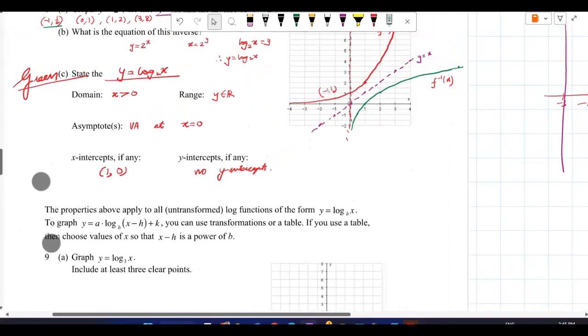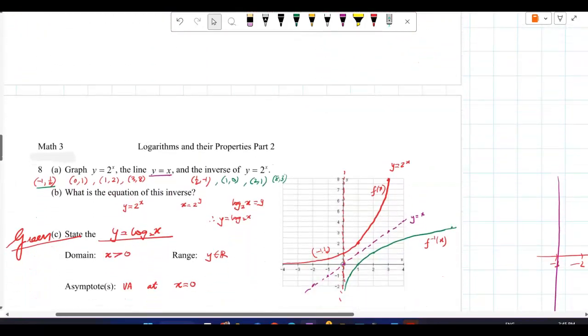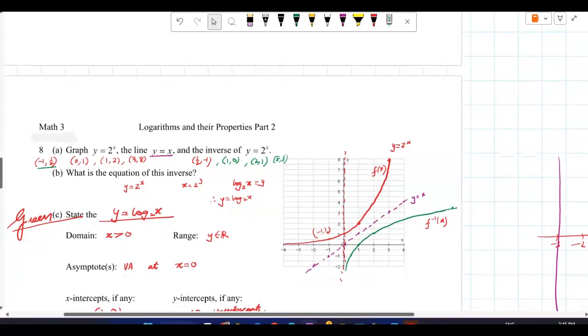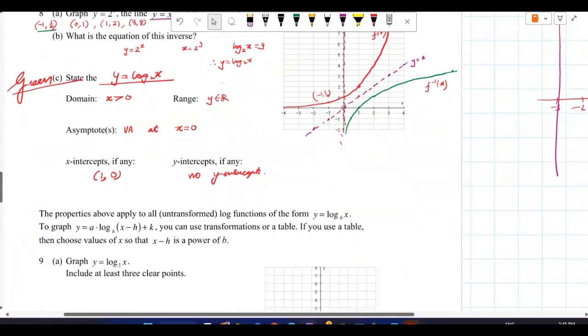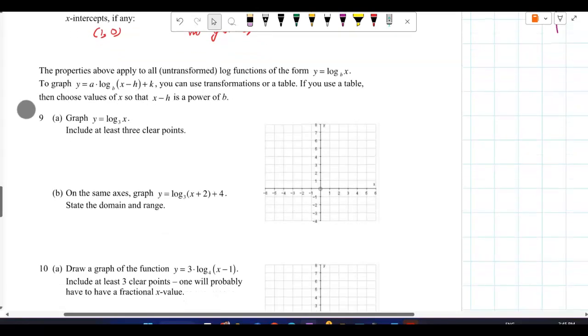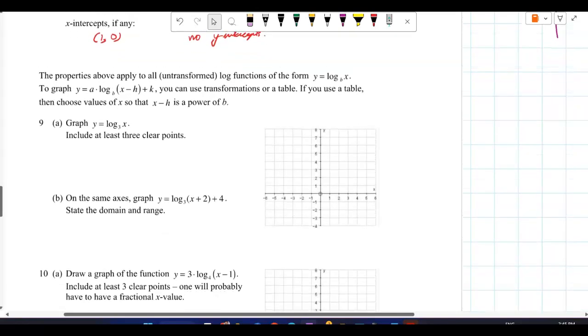The properties, because the chapter is log and its properties, so we are doing the log function. Why are you doing an exponential function? The properties above apply to all untransformed functions of the form y is equal to log x to the base b.